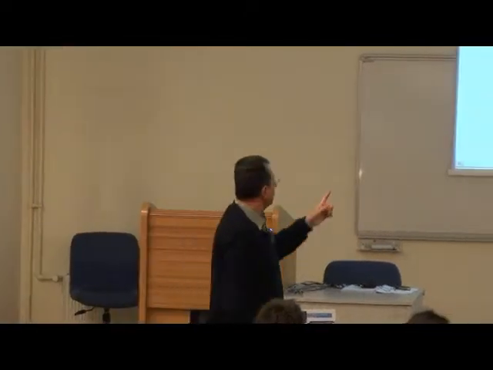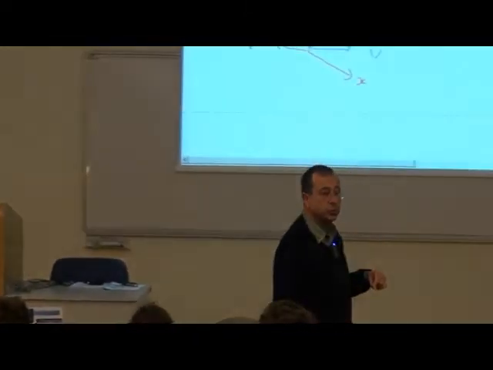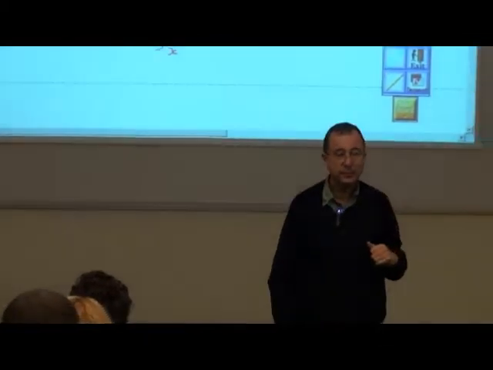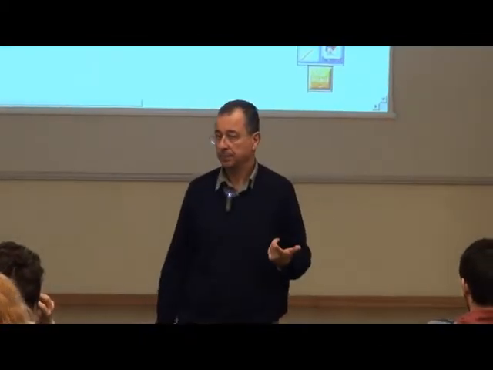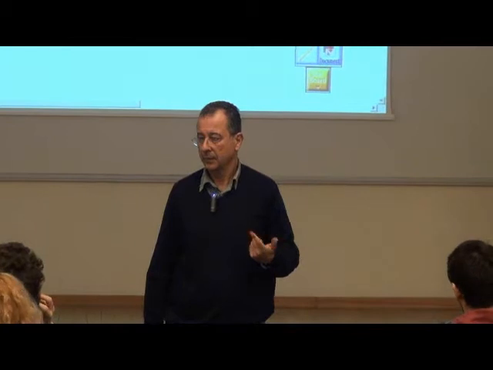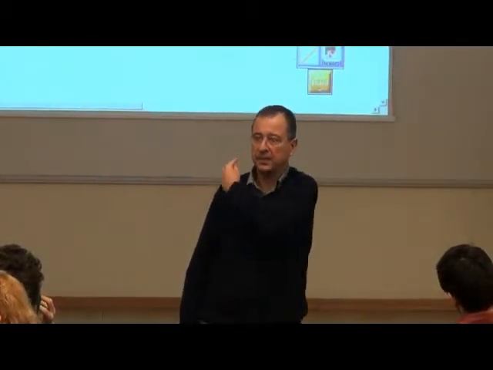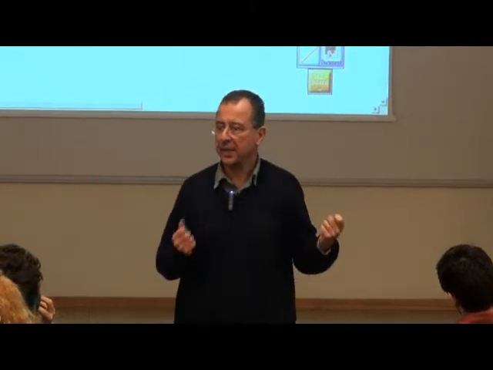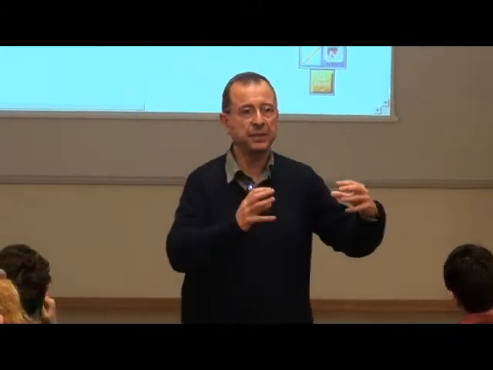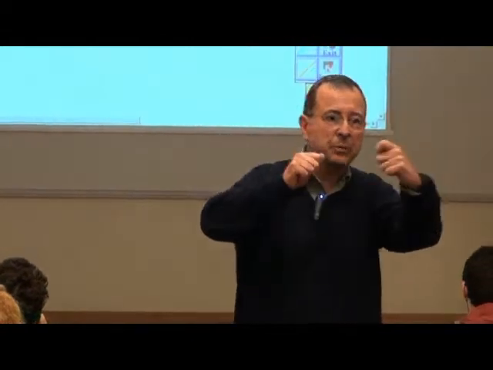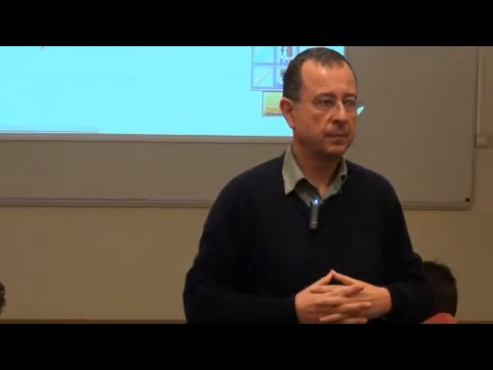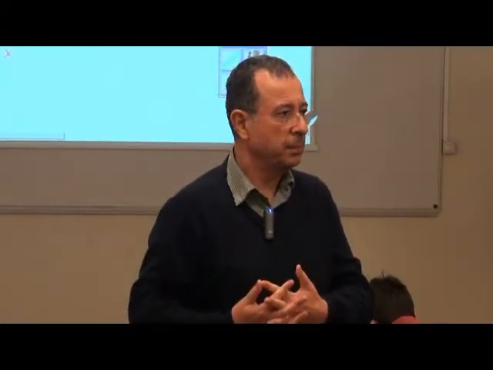Now, how did I get this formula, u dot v equals u v cos theta? Did I get it from experiment? This is a simple example of mathematical proof. It is not natural science, because I didn't do any experiment. I started with the definition and used some geometry and got a formula.